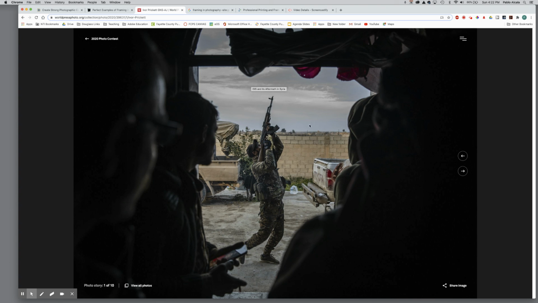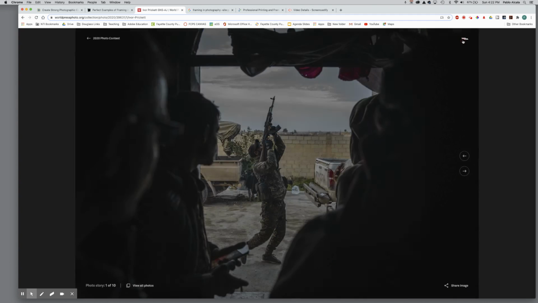So this picture was taken in Syria less than a year ago, and he made a compelling portrait of the ongoing war there. Soldier pointed at something up in nearby.